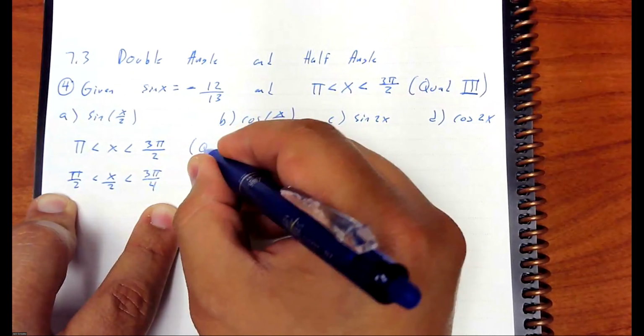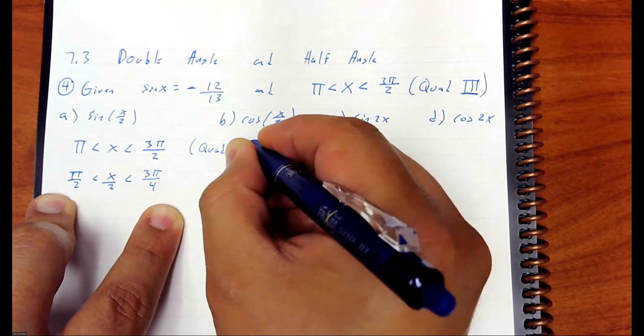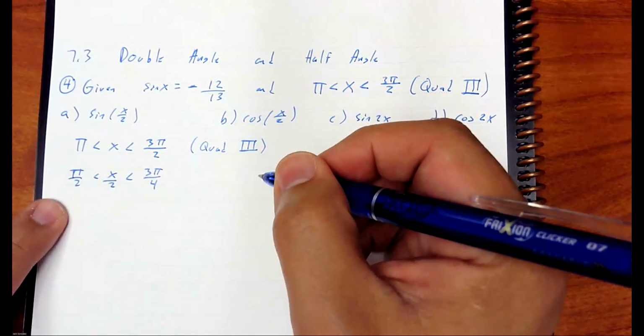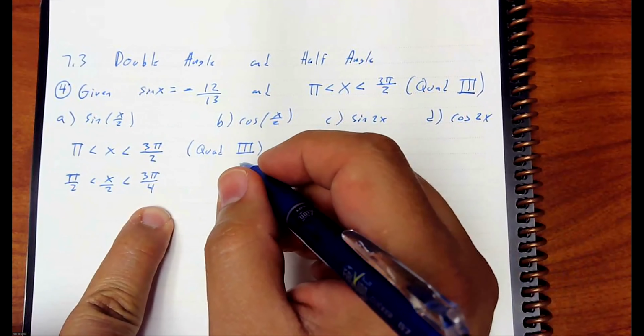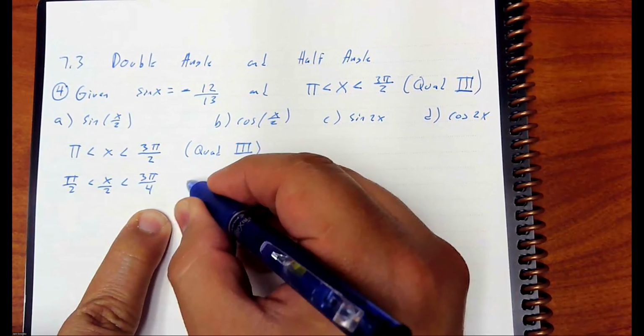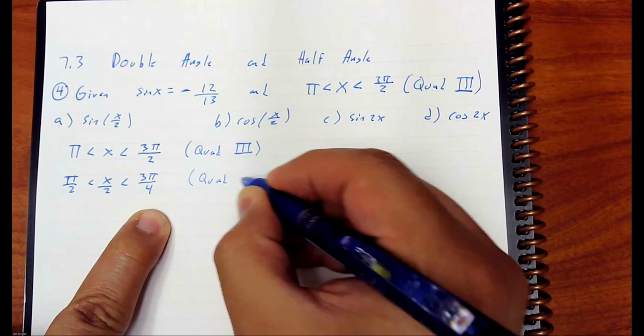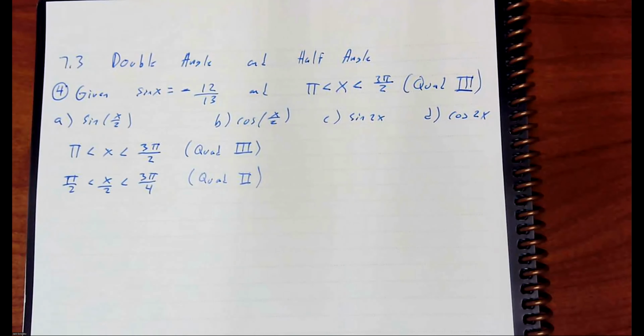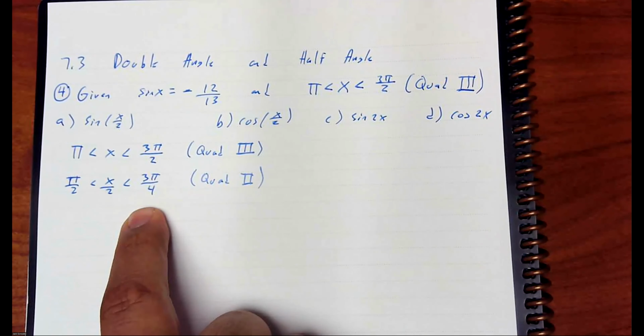We said this was quadrant 3 to begin with. The pi over 2 to 3 pi fourths. Yeah, so this would be quadrant 2. In quadrant 2, cosine is negative, right? So we have to keep that in mind when we do the half angle stuff.